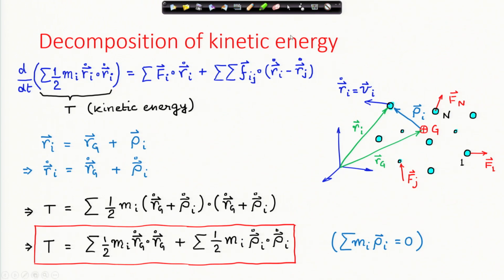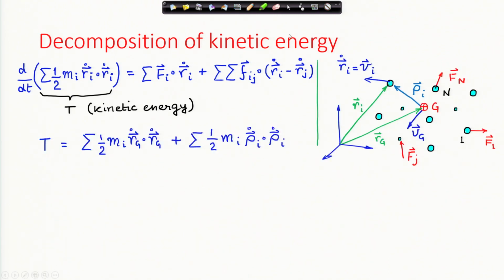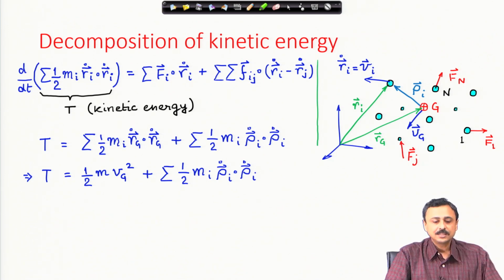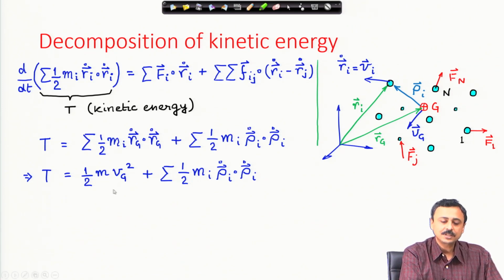Now, let us look at these individual terms and what they mean. This is the expression we have obtained for the kinetic energy. The first term can be written as half total mass of the system times velocity of the center of mass square.